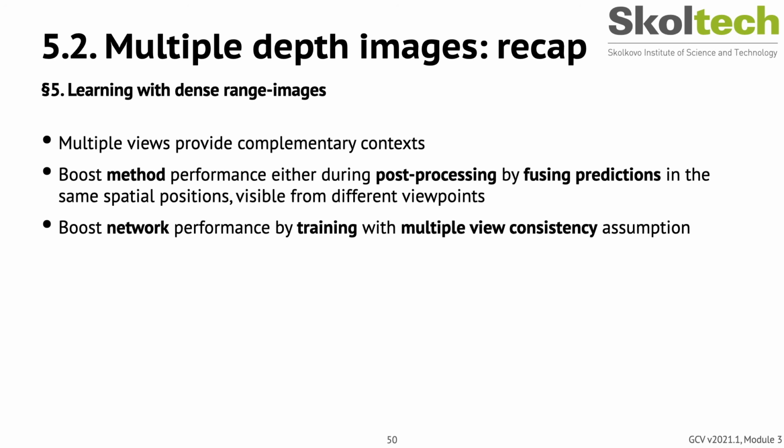So what we can do typically is we can either boost the method performance during post-processing, by having the network frozen and fusing predictions in the same spatial location that are visible from different viewpoints, or we can do that during training by training with the multiple view consistency assumption.